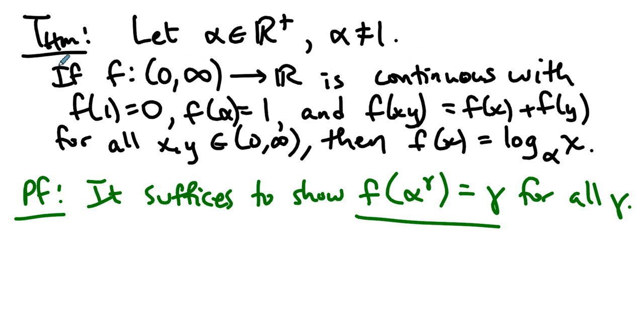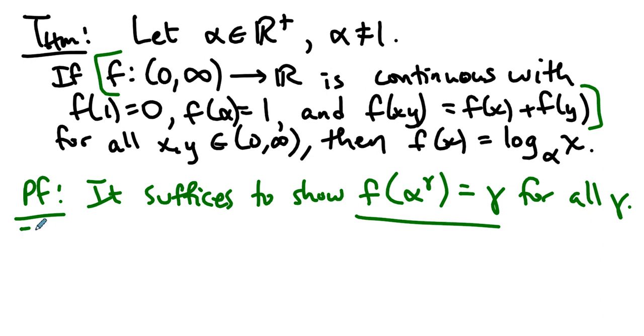So we assume that all of this happens, and we want to show that it's a log function. How do you show that it's a log function? Well, you go exponential. If we input alpha to the gamma, then the log of alpha to the gamma, base alpha, is gamma, and that's enough.